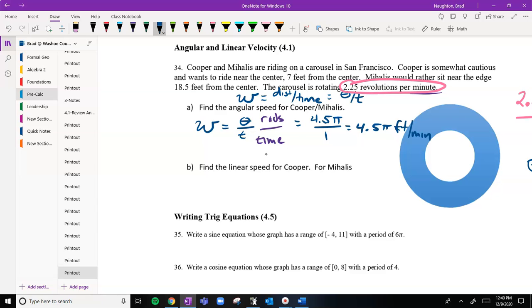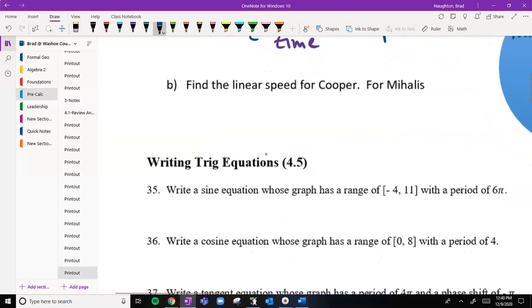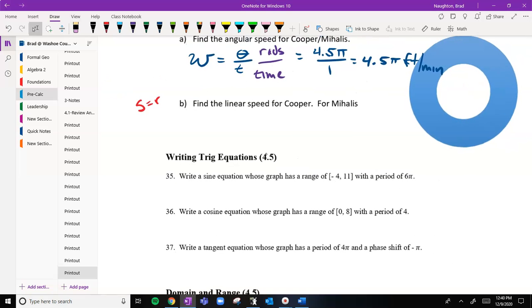And so now when we talk about linear speed is when it matters what your radius is. So our speed is going to be your radius times, I should say, not our theta, but really our omega. So Cooper is the one that's cautious. So his linear speed, his radius was only 7.